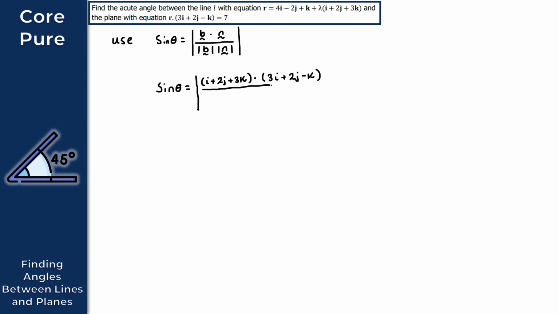And this is all over the modulus of b. To find the modulus of b, nice and straightforward, we simply do Pythagoras.